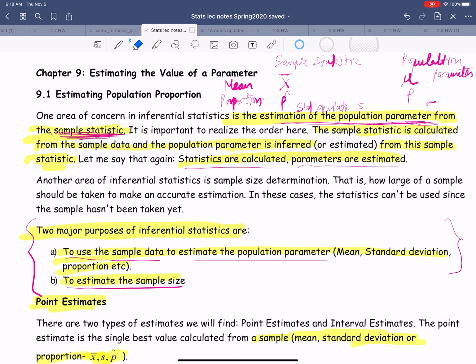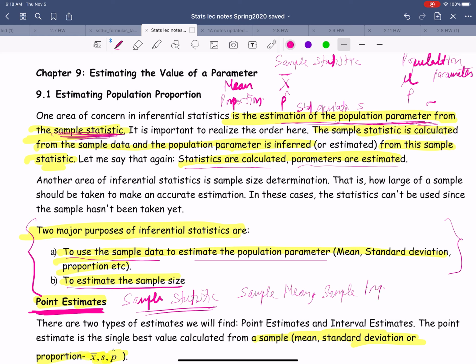First definition is point estimate. What is a point estimate? A point estimate is your sample statistic. It can be your sample mean, sample proportion, or sample standard deviation. In this first section, we are going to focus on sample proportion only.